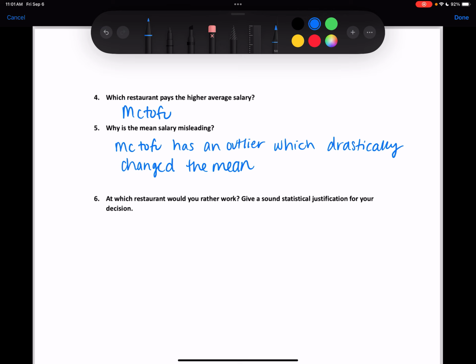All right, so using statistical justification, which restaurant would you rather work at? Mooseburger. Why? Because if you take out the outlier, which was like one person, which could have been the manager or the owner's son or daughter, or things like that, overall Moose Burger has a higher starting salary.